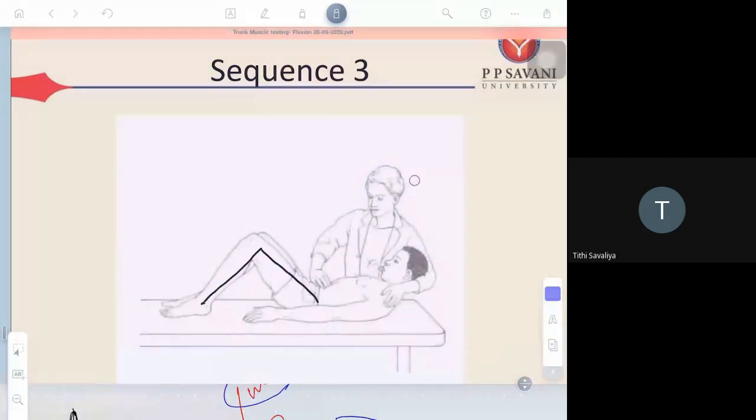So if the patient is positioned in crook lying, then you are making the hip flexors inefficient. Clear? What is the function of iliopsoas? It flexes the hip.